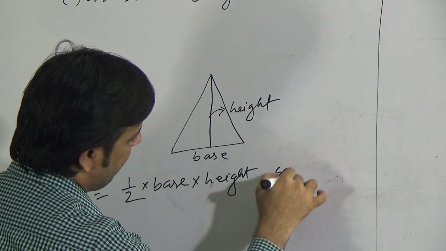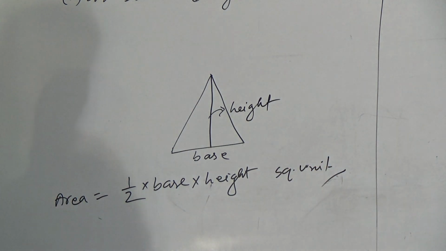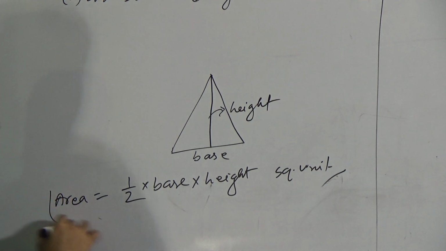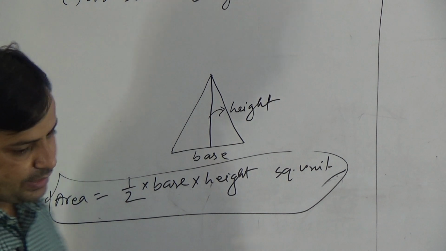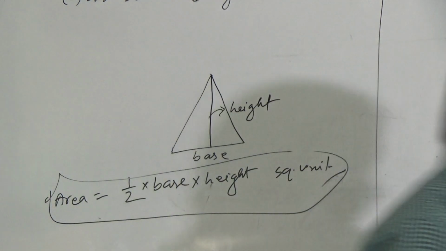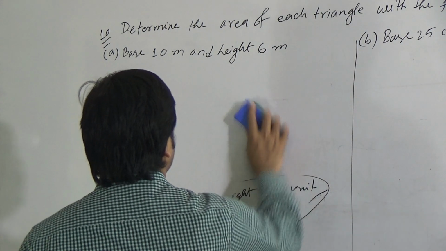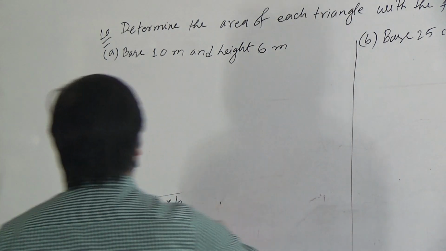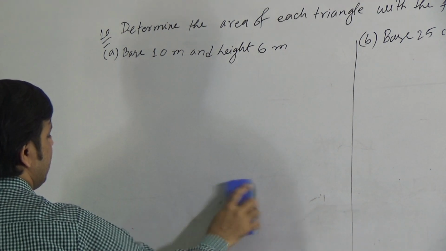This is square unit. So, as we know this formula, we can determine the area of a triangle easily. Okay, dear students. So, at first I will determine the area of the triangle in case of A, when the base is 10 meter and height is 6 meter, then what will be the area?